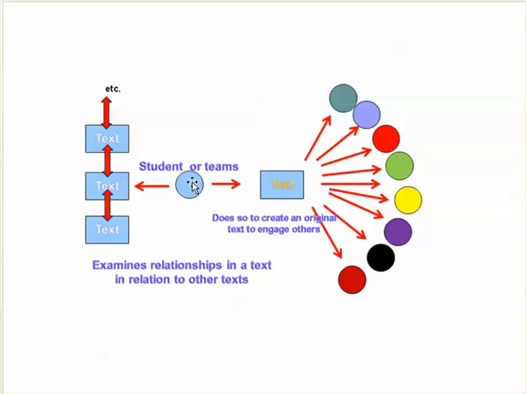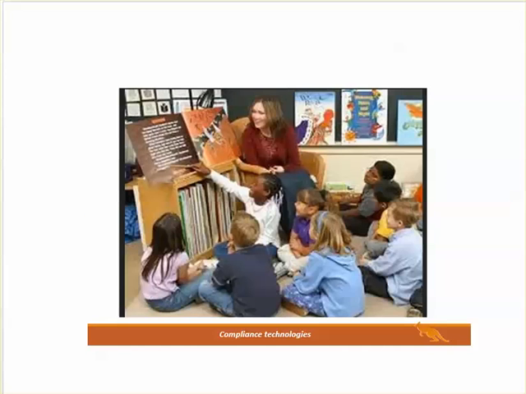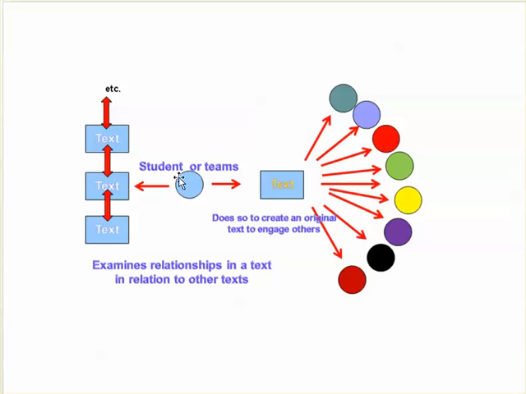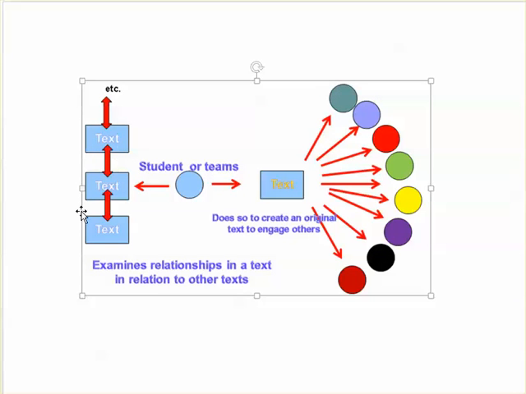But that thing when it says students or teams, that sort of circle in the middle, imagine this, the children in this classroom with the teacher here, right? When she says, what does Toby mean? They have now access to different texts where they can check. She can actually show them Toby is a child. Toby might be a toy. Toby might be this and this and this.